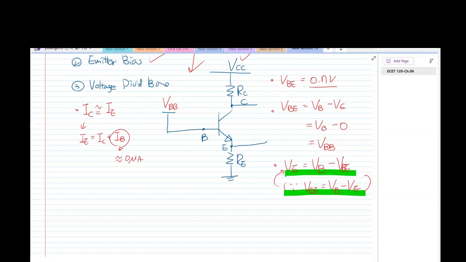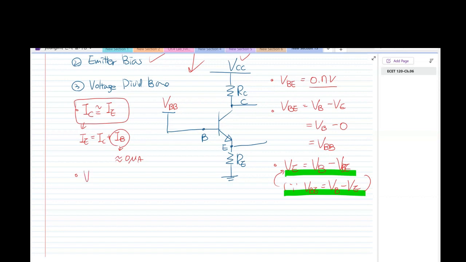Each formula to find the parts is different for each case, so don't get confused. So right now, I sub C is almost the same as I sub E.